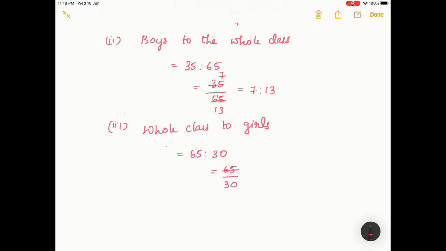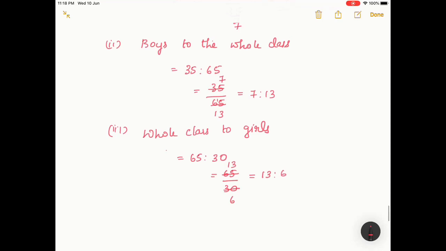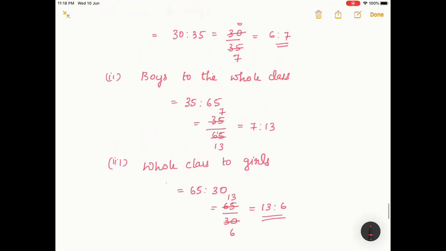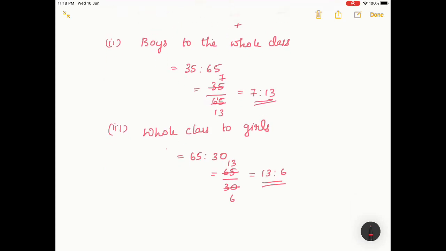Again 5 goes 13 times, and in 30, 5 goes 6 times. So you get 13 is to 6. Hope it's clear to all of you. So you can do the third question yourself. Try doing it yourself. Now I shall do the fourth question.